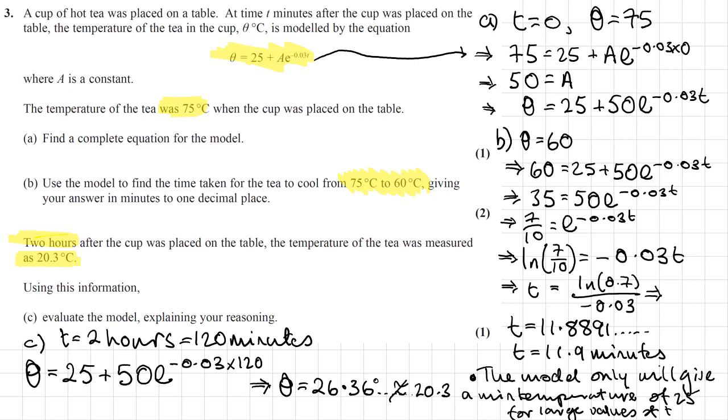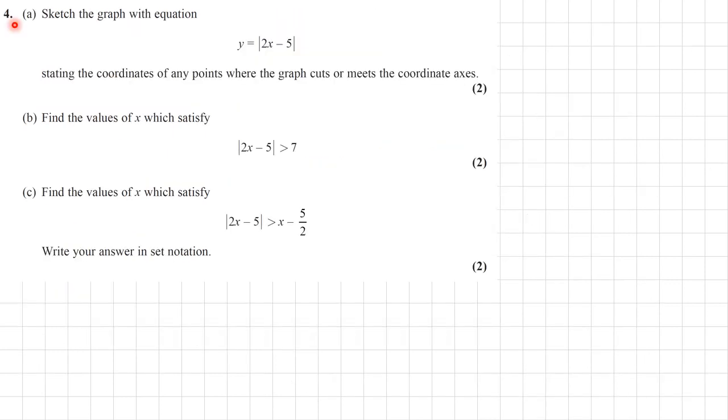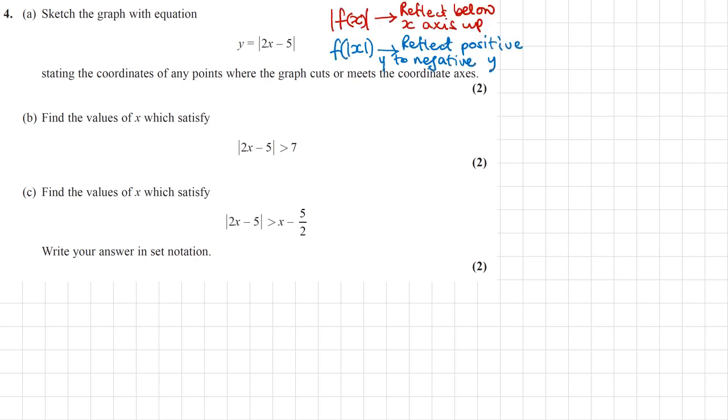Question 4. What we need to do in part A is sketch the graph with this equation: y is equal to the modulus of 2x minus 5. Just a reminder of the modulus transformation. If you've got a modulus around the whole function, anything that's below the x-axis you reflect up.